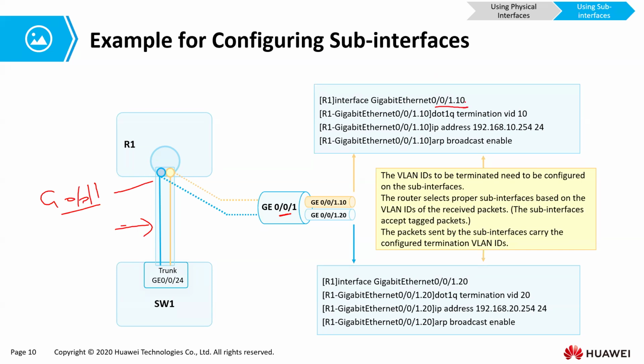You can synchronize, align my VLAN IDs with the numbers. So if you see a .10, it's usually because you are aligning this with VLAN 10. .20, VLAN 20.